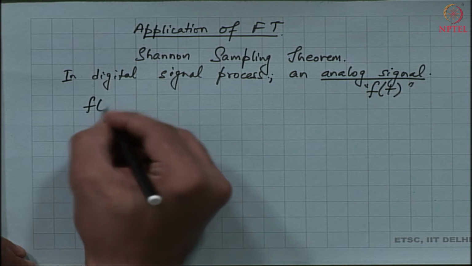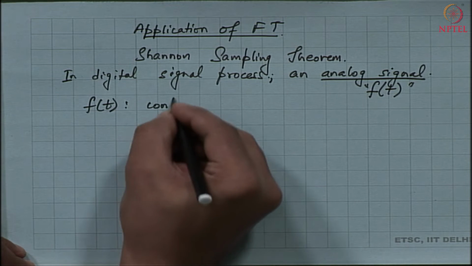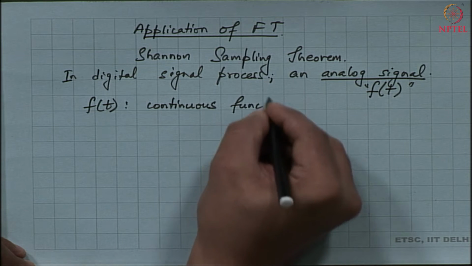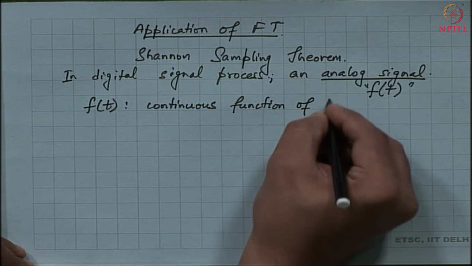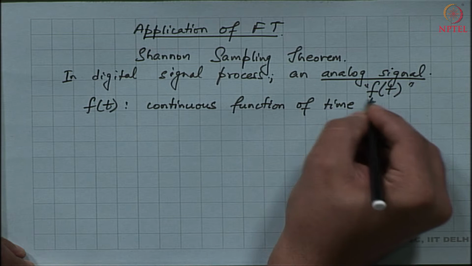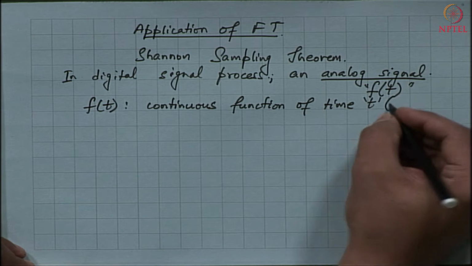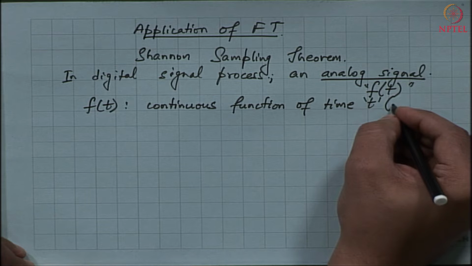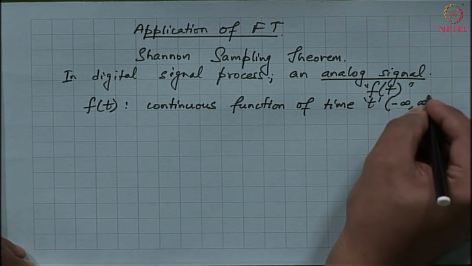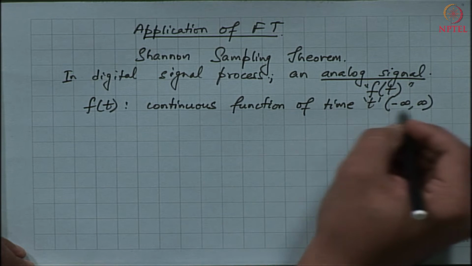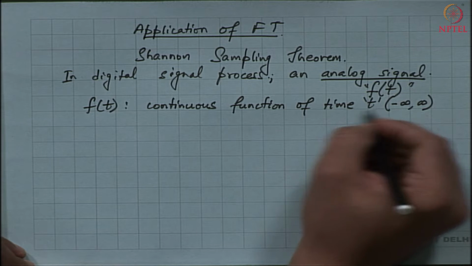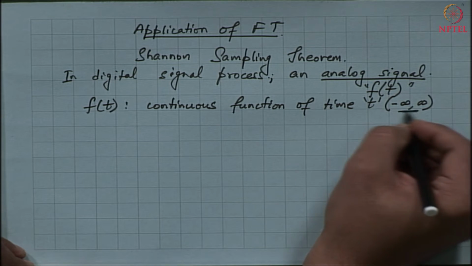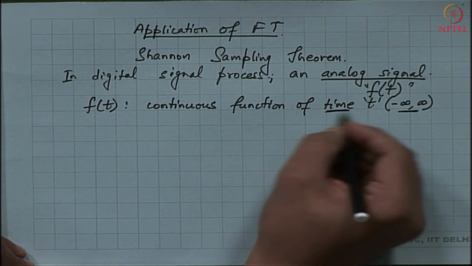So, f(t) is a continuous function of, let us say, my variable time t, and t I am going to take, without loss of generality, from negative infinity to infinity, right. You will see why this choice is taken. It may seem a bit counterintuitive to take this limit for the time t.